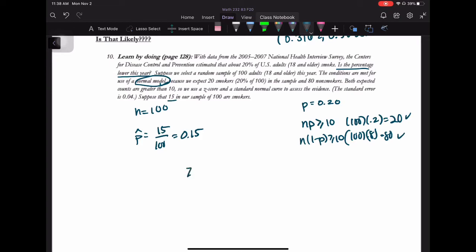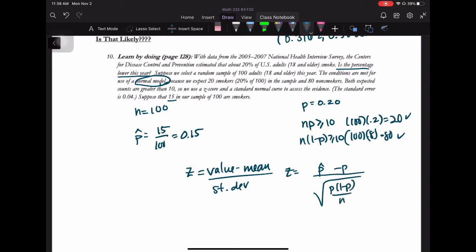Using a z-score, remember, it's the value minus the mean over the standard deviation, which can also be seen as a standard error. So this translates to p-hat minus p over the square root of p(1 minus p) over n for our situation.